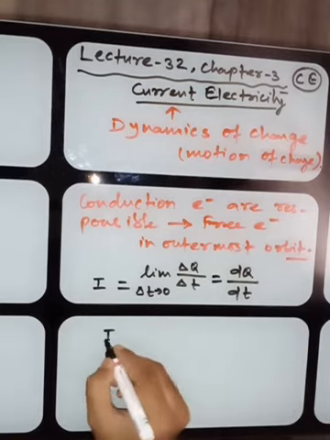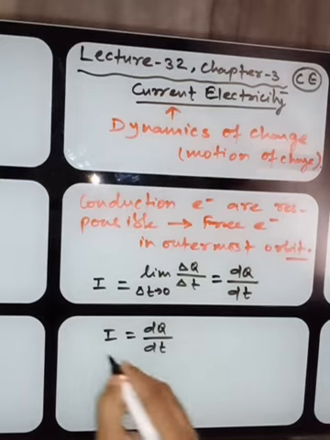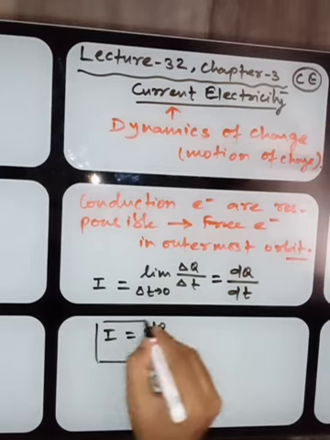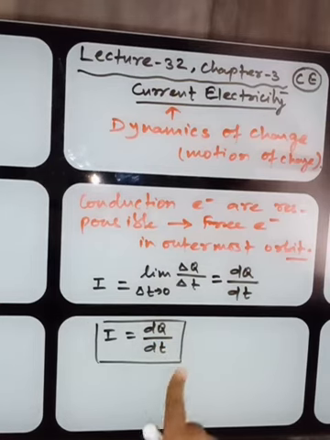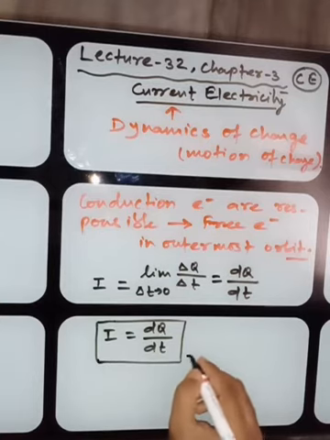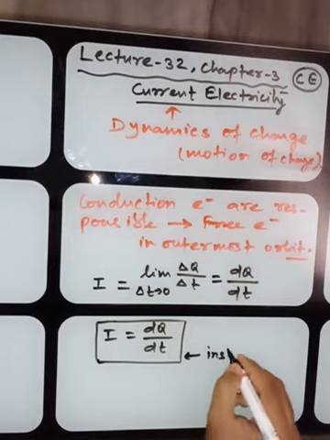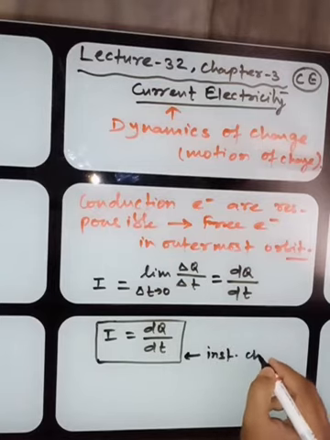So here I is dq by dt. Remember, this particular one is the instantaneous current.